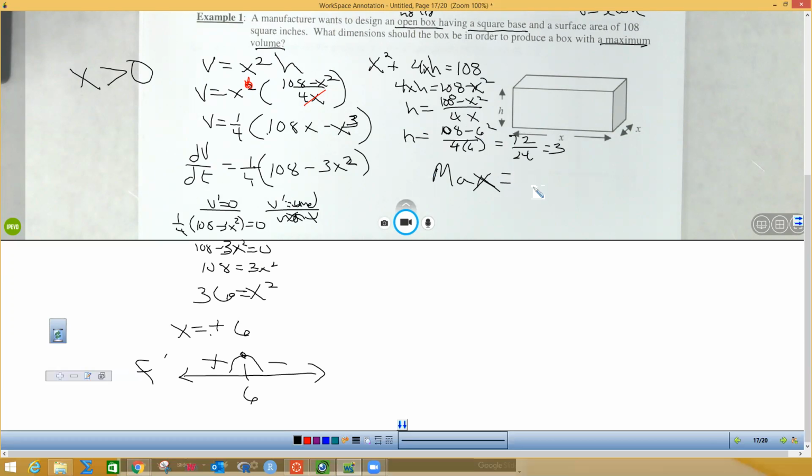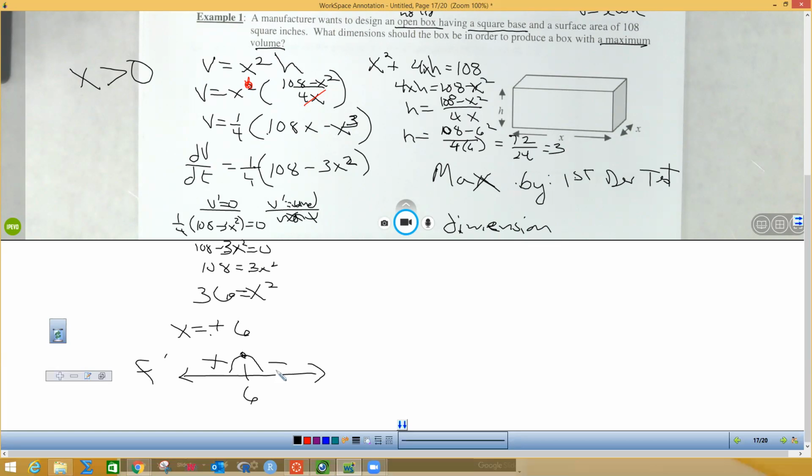So our maximum dimensions, and I would probably say max by first derivative test. Dimensions are, if you remember the dimensions of this thing, there's 3 of them.